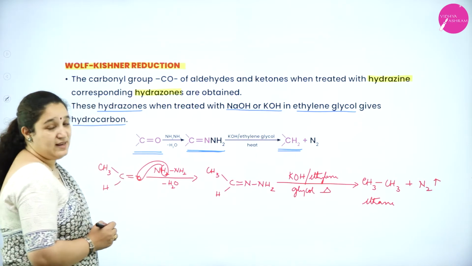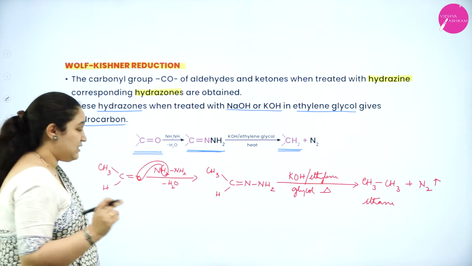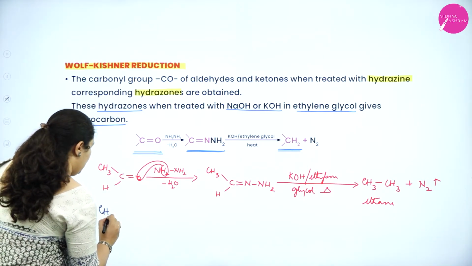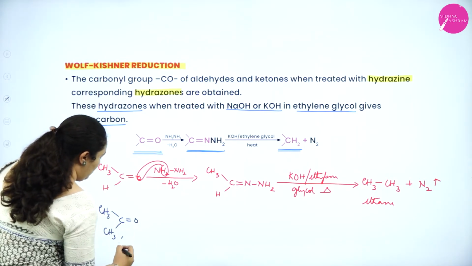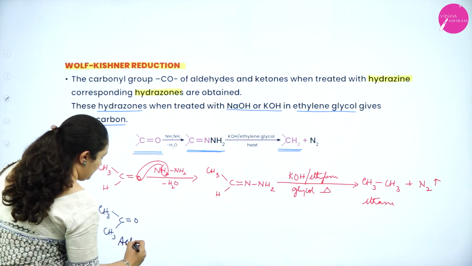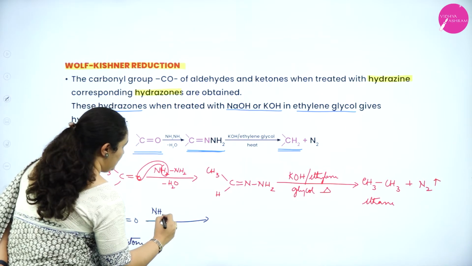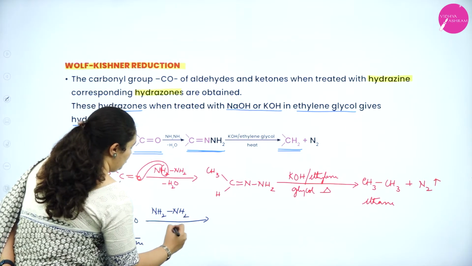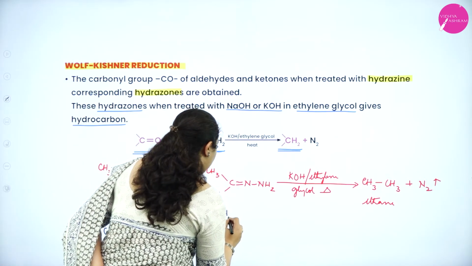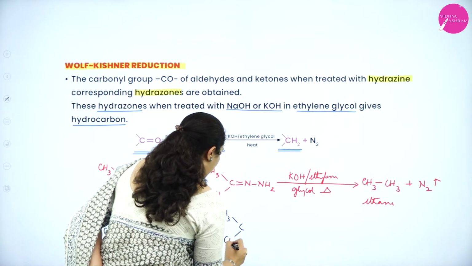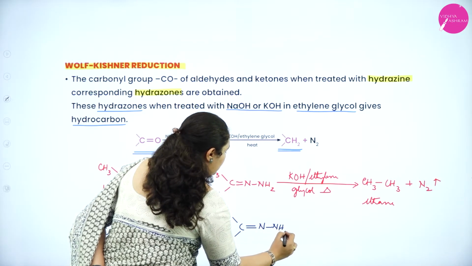Similarly, I'll write the example with acetone, that is a ketone. Okay. So with acetone, CH3, C, CH3, double bond O. What is this? Acetone. Okay. And hydrazine, NH2, NH2. Water is getting removed, that is H2O gets removed. I'll get CH3, C, CH3, double bond N, NH2.